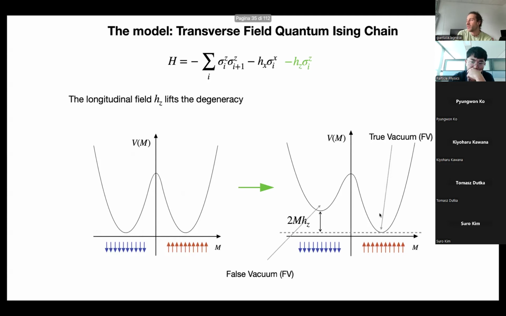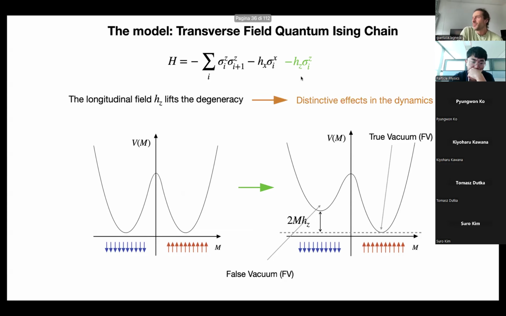Because of that, the energetically favored minimum we call the true vacuum, while the metastable vacuum, the well that is higher in energy, we call the false vacuum. The energy density difference between the two is given by this factor, 2 m Hx, where m is the spontaneous magnetization and Hx is the longitudinal field.